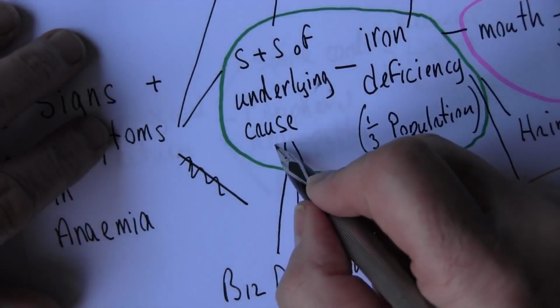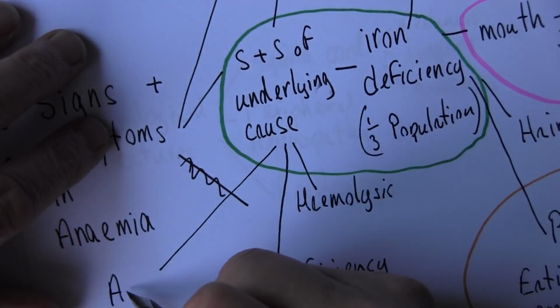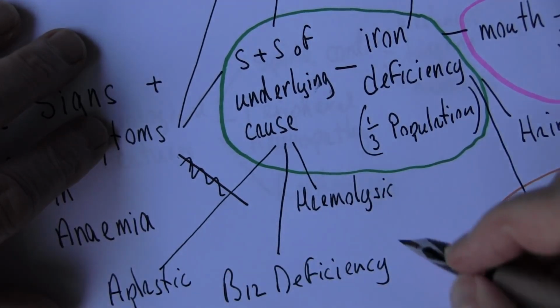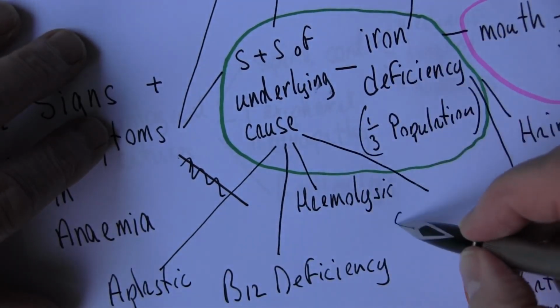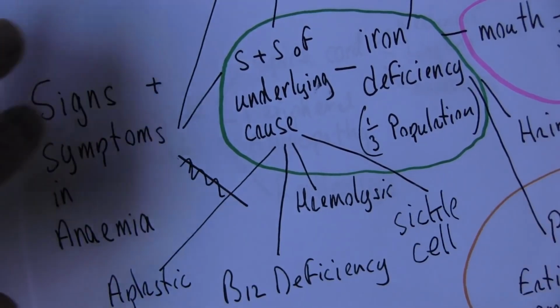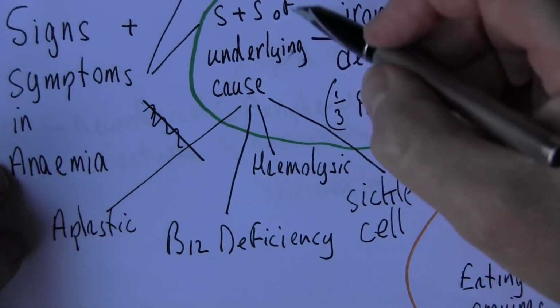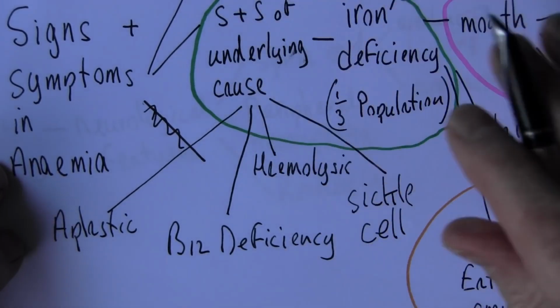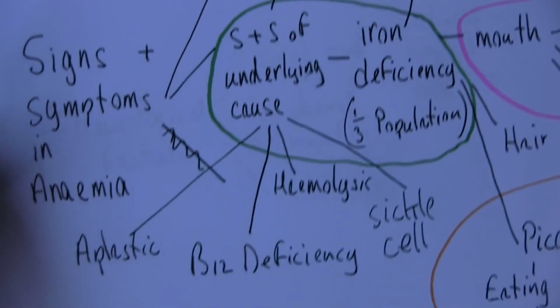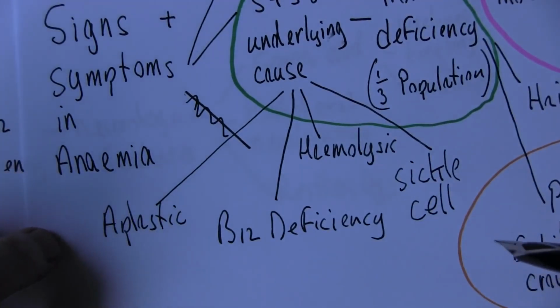There can be aplastic anemia. And there can be sickle cell disease. So these are all underlying causes of anemia, but they can generate their own clinical features.